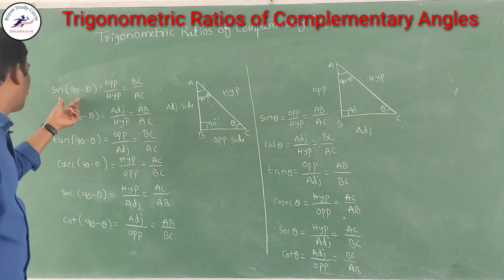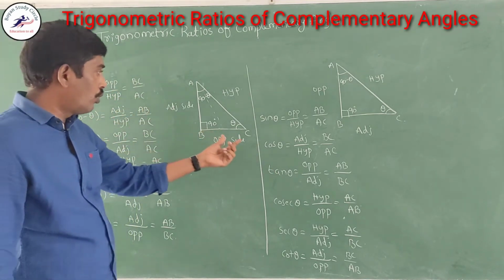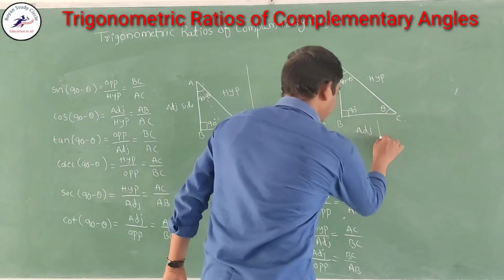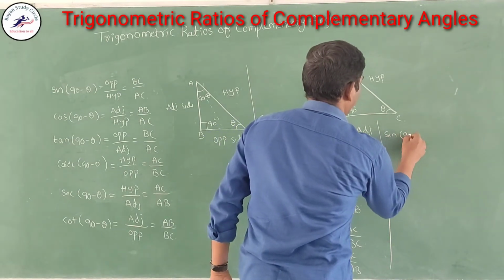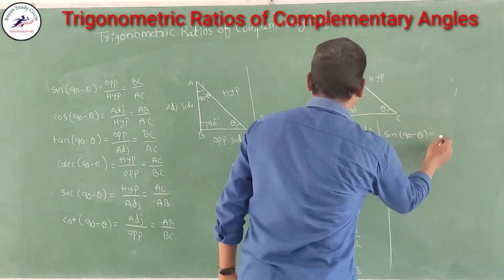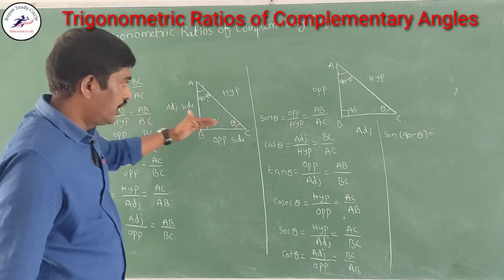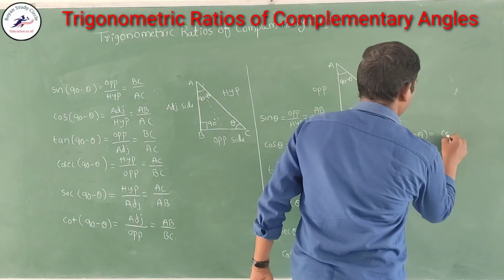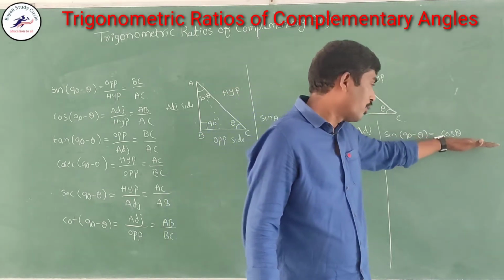Therefore sin of 90 minus theta is equal to cos theta.